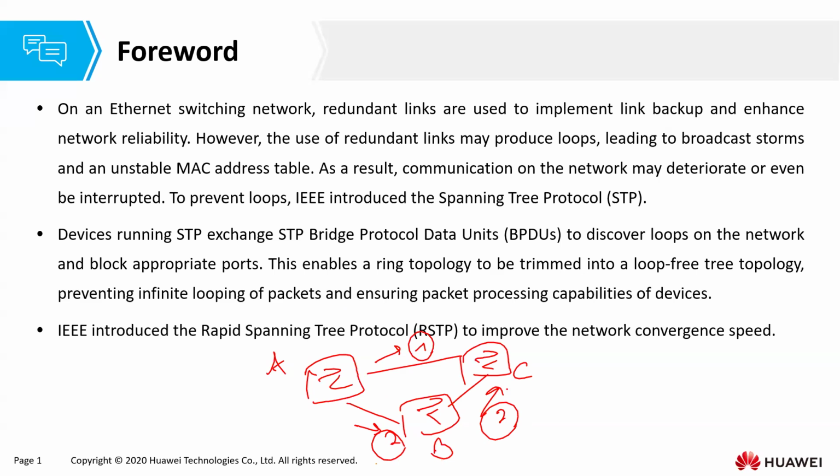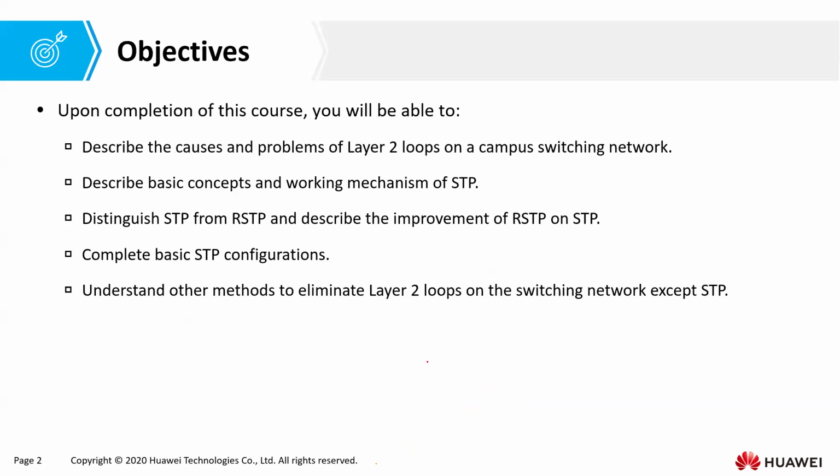So having two links that lead to the same destination is okay. It provides backup. If this link fails, I can go via this one. If this one fails and this one is up, then I can go via one. But like I said, they have problems, and their problems are solved by what we call STP, and that is what we are going to be discussing today.